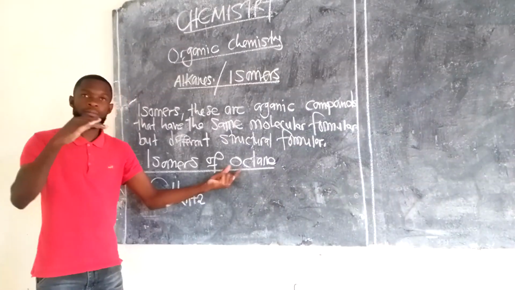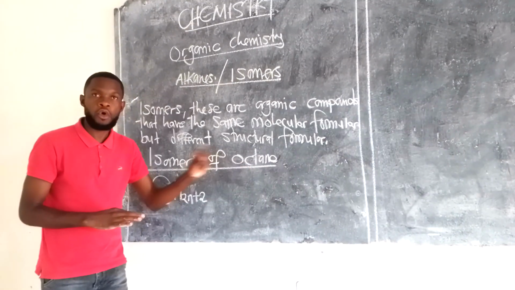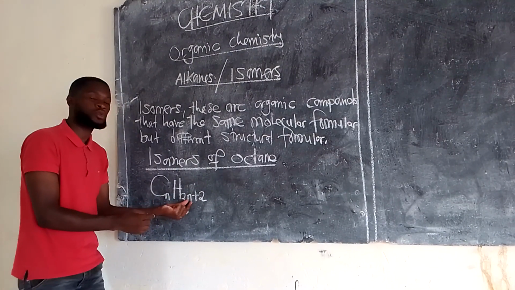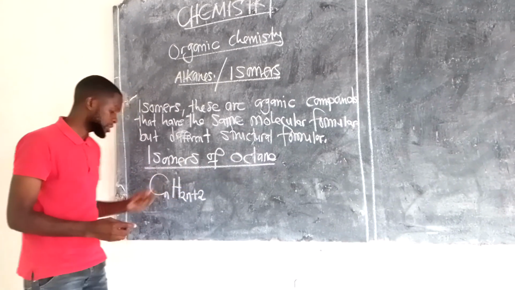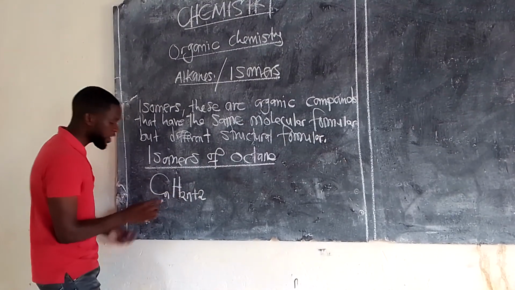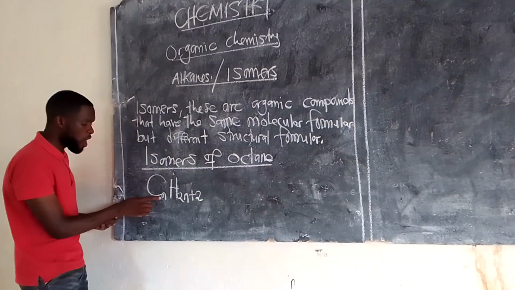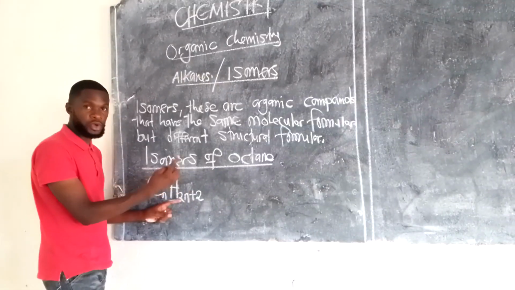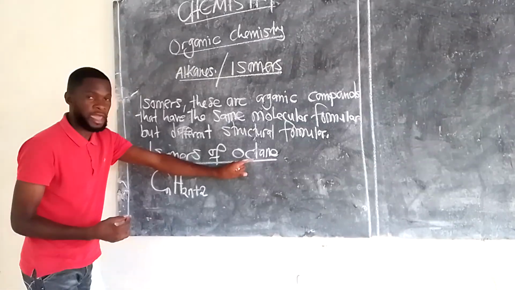I started from methane up to decane, and octane has 8 carbons, meaning that where there is n, you substitute 8. To write the molecular formula of this compound, where there is n we put 8.